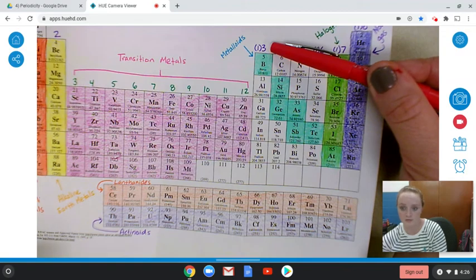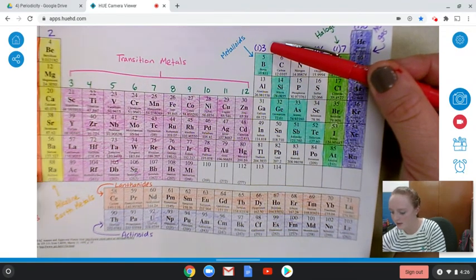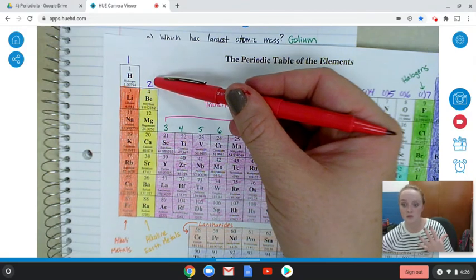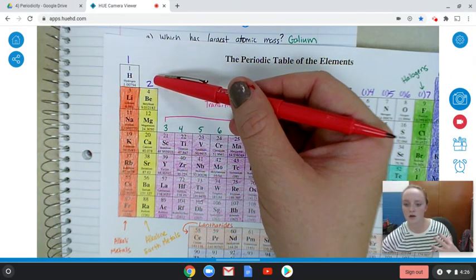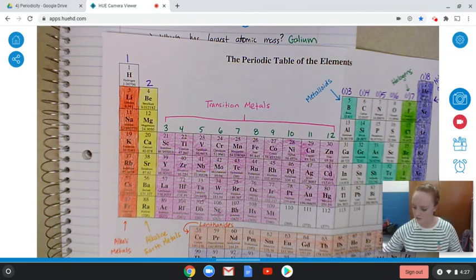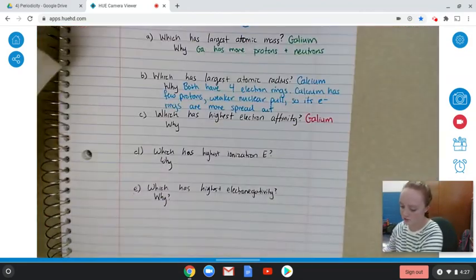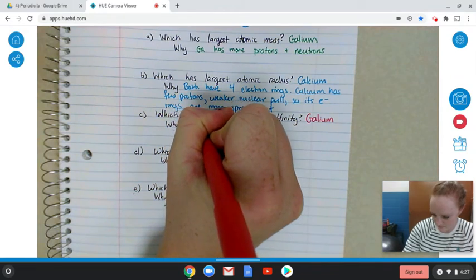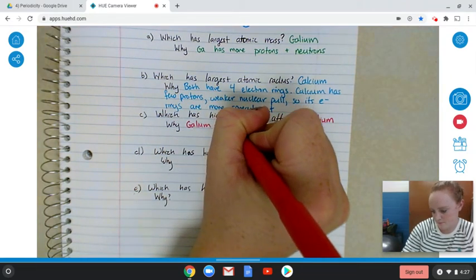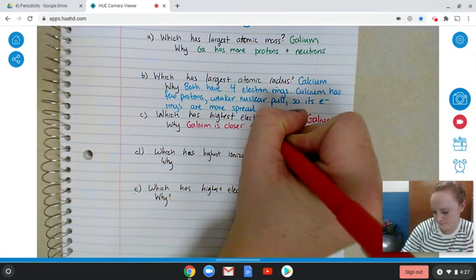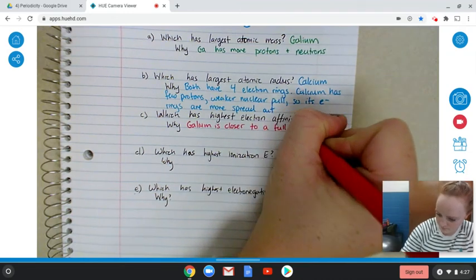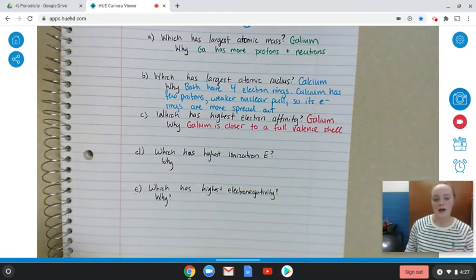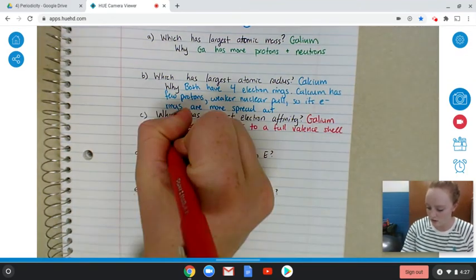It's 5 away from a full shell. That's a lot, but it's 5 away. Calcium is in column 2. It is 6 away from a full shell, so it's even farther away. So gallium is closer to a full valence shell.